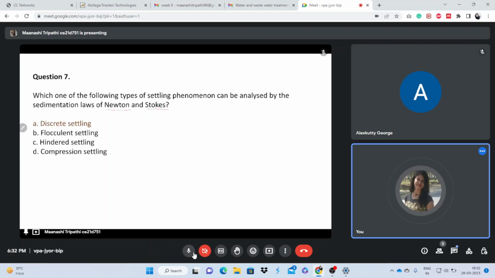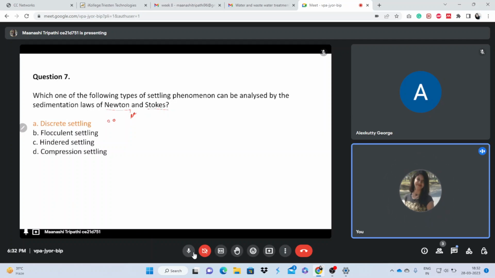We'll see the solution. So this is discrete settling. Stokes law is about discrete particles, and Newton's law is related to mu values, meaning it's related to macro scale.